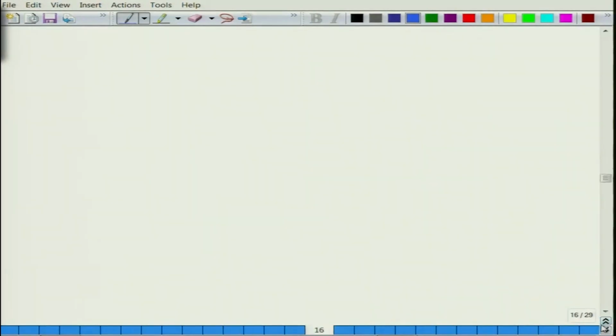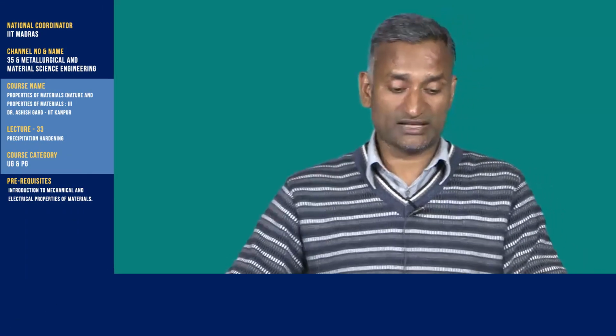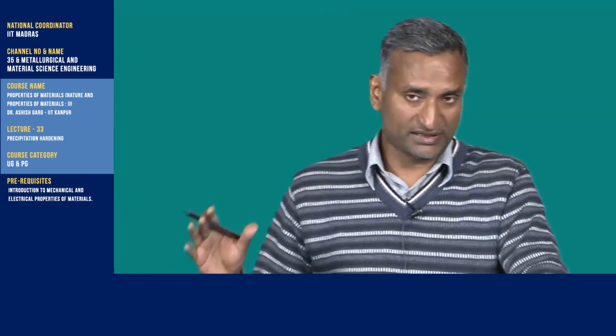Now, what we have covered up to this point is all the strengthening mechanisms. Strain hardening, which is because of deformation. Then grain size hardening, which is because of creation of more and more grain boundaries by making the grain size smaller, which leads to obstacles to dislocation motion. Third is solid solution strengthening, by putting in some impurities that remain in solid solution and create strain fields which obstruct dislocations.